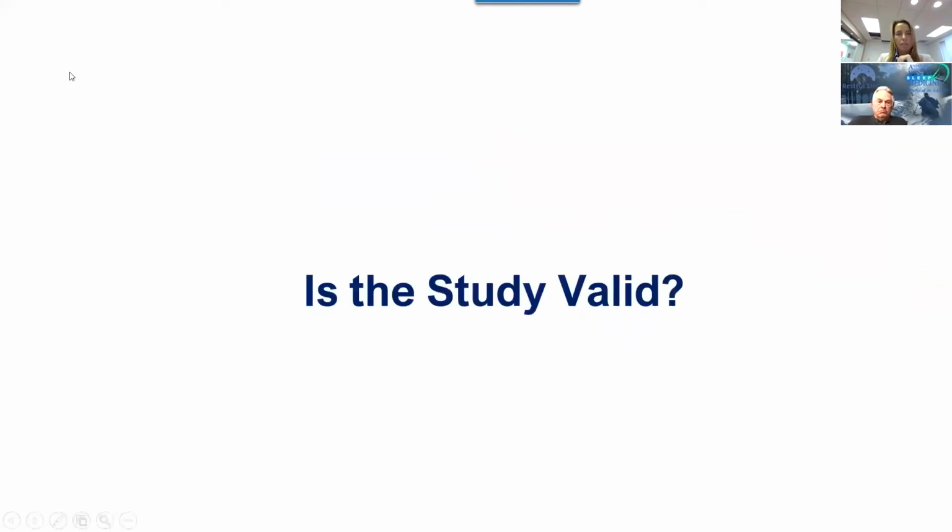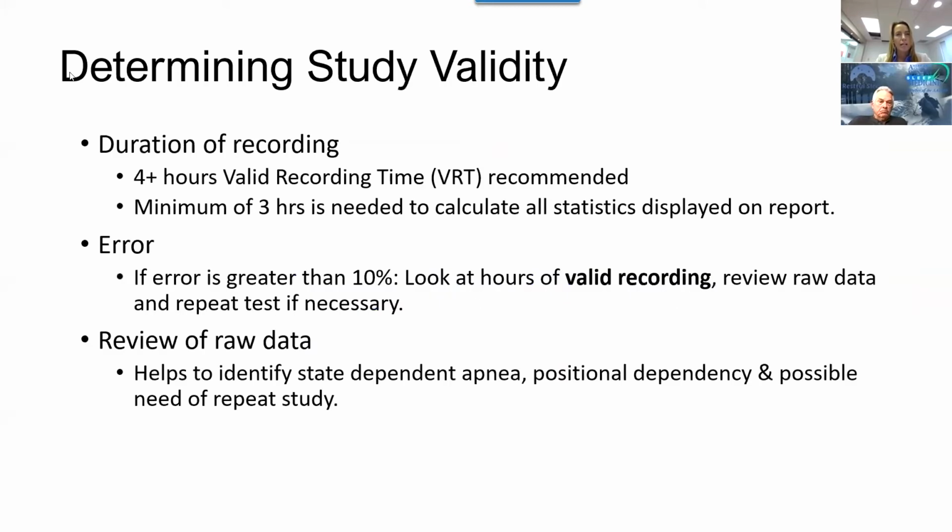Okay, and we'll go ahead and get into the question of whether or not the study is valid. A great place to start when you're reviewing any of the reports is to look at whether or not you have a valid study and enough data to form some kind of conclusion from. When we're determining study validity, the thing we want to look for is the duration of the recording. We recommend at least 4 hours of valid recording time, and the valid recording time is displayed at the top of the report on the very right-hand side.